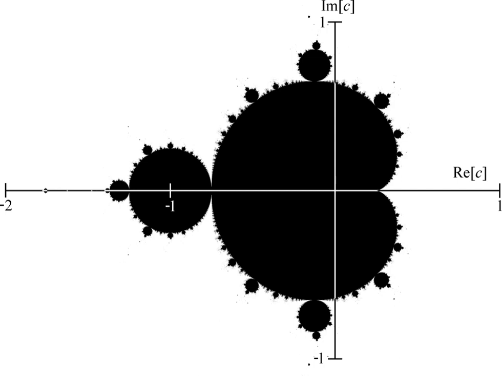So both i pi and 3i pi are two possible values for the natural logarithm of minus 1.